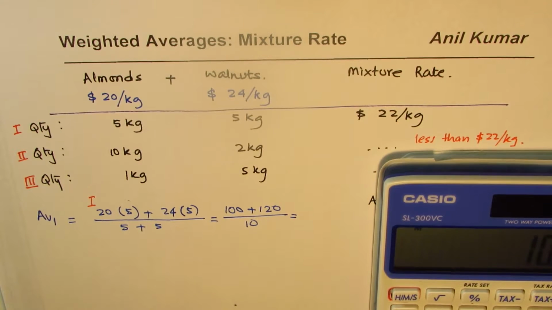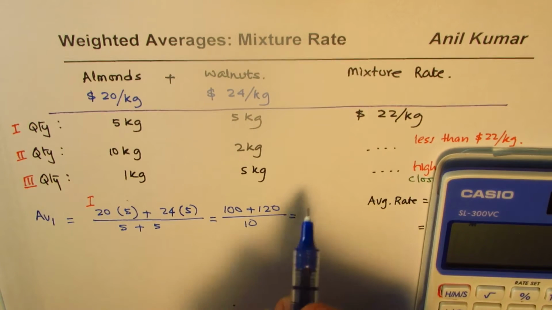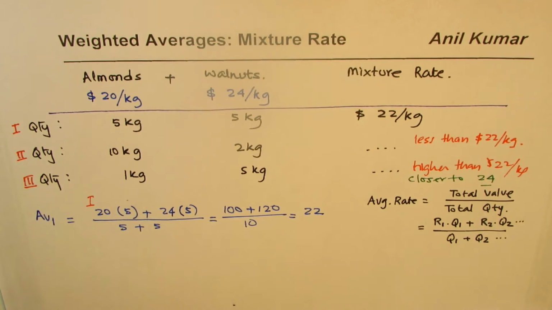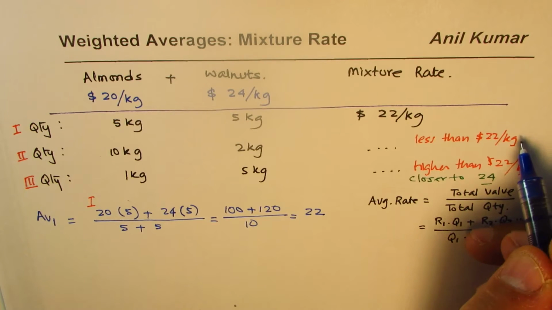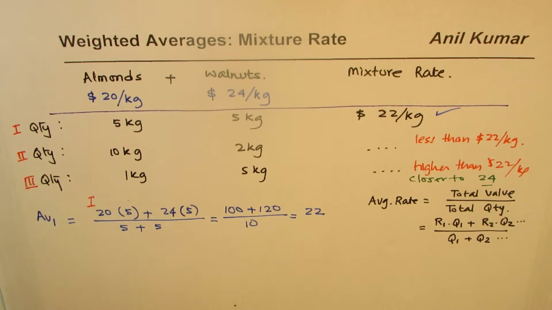That gives us 100 plus 120 is 220, divided by 10 is 22. As expected, we get 22. The units will be dollars per kg. So we got $22 per kg.